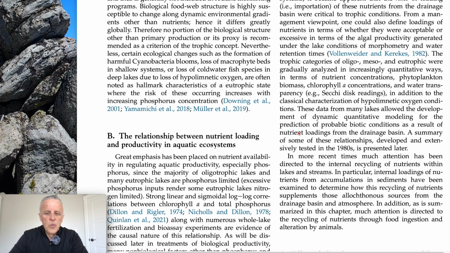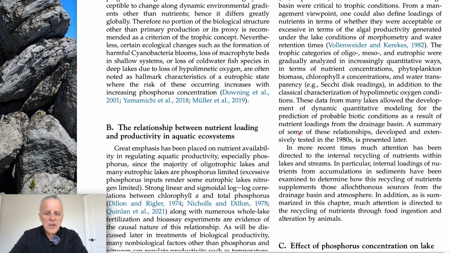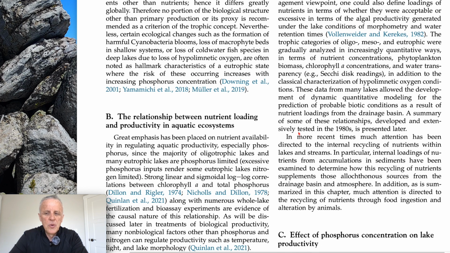From a management viewpoint, one could also define loadings of nutrients in terms of whether they were acceptable or excessive in terms of the algal productivity generated under the lake conditions of morphometry and water retention times. The trophic categories of oligo, meso, and eutrophic were gradually analyzed in increasingly quantitative ways in terms of nutrient concentrations, phytoplankton biomass, chlorophyll A concentration, and water transparency, in addition to the classical characterization of hypolimnetic oxygen concentrations.